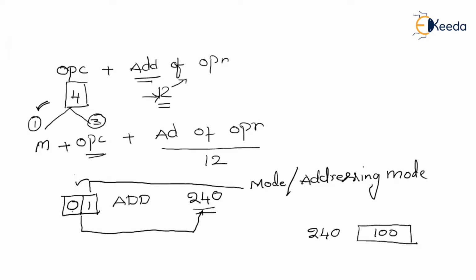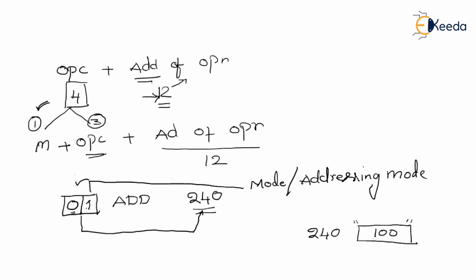If the mode digit is 0, then the address is a direct address. If the mode digit is equal to 1, then the address is an indirect address. What is a direct address and what is an indirect address? If the mode digit is 0, then this address is a direct address in which the actual operand is available. We already knew it.